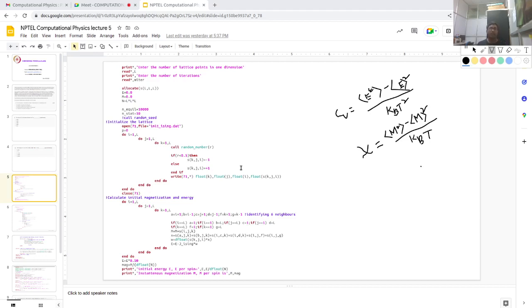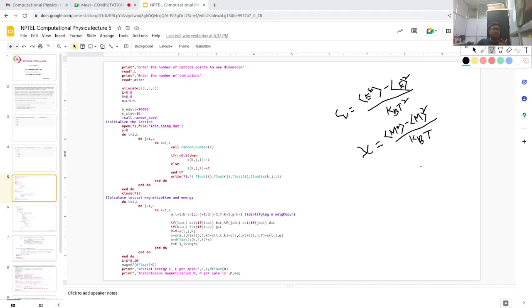Now when I am going to average over them, initially I have to make sure that the simulation time which is running is greater than n equilibrium. You see that I have given a value of n equilibrium to be 10,000.